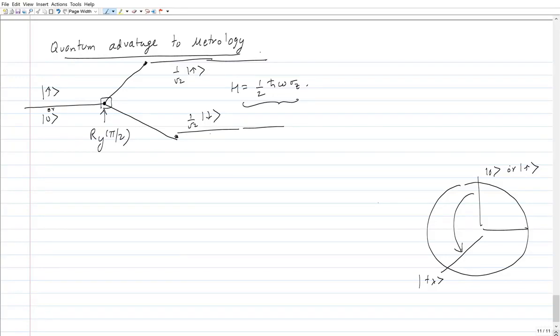Now I'm going to apply the following Hamiltonian, where omega is the parameter I'll typically be interested in. So what this does, it provides me a rotation, and each of the arms of the interferometer is going to pick up the phase depending upon the eigenvalue, as we've already discussed.